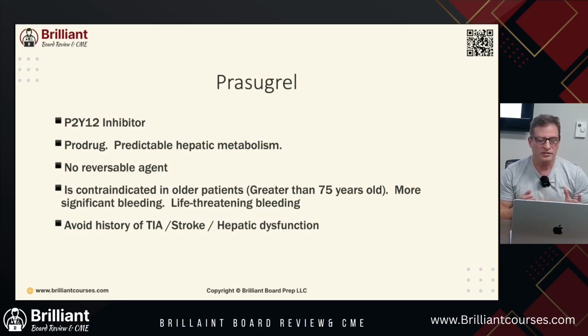So what causes this? It inhibits the adenosine reuptake, causing bradycardia and dyspnea. So adenosine, I'm sure that you guys have used adenosine or seen adenosine, so it can do this. Now, prasugrel is a prodrug that is rapidly hydrolyzed by the intestinal enzymes and is converted by the hepatic cytochrome P450 enzymes.